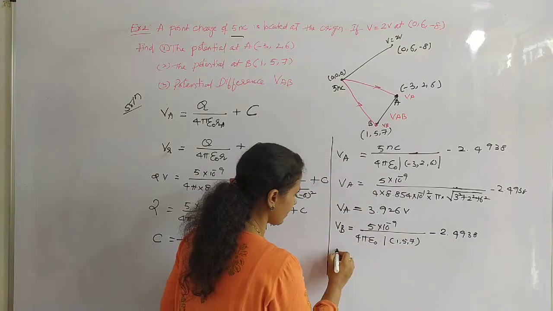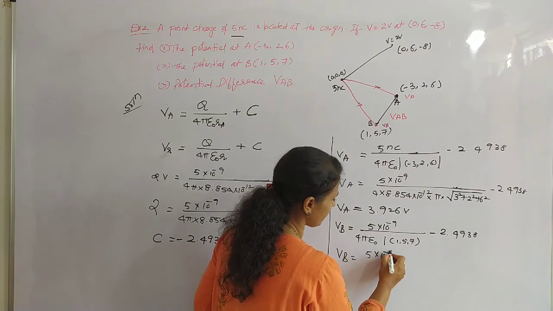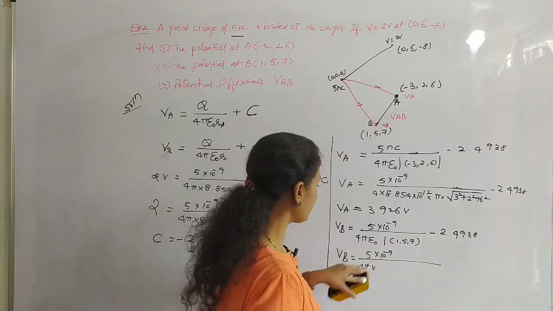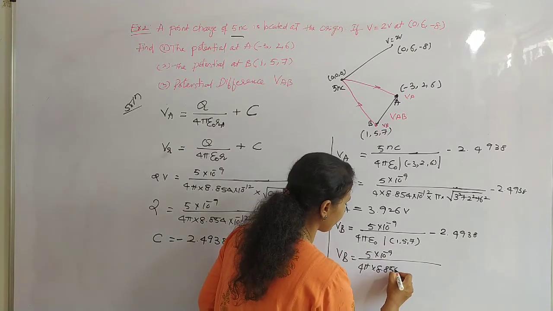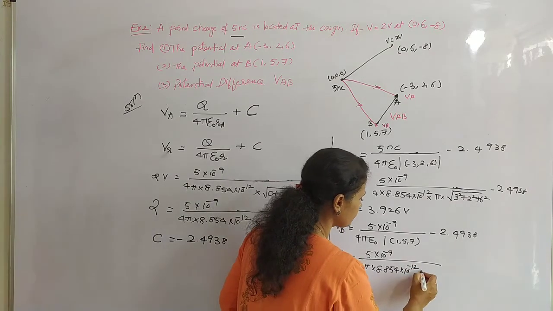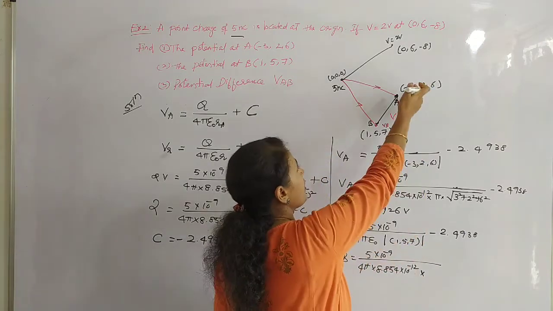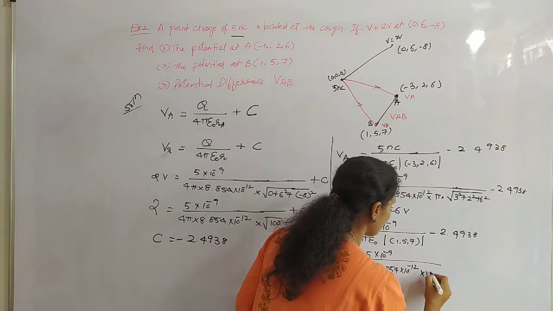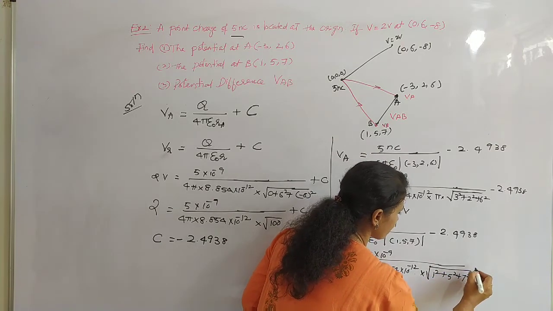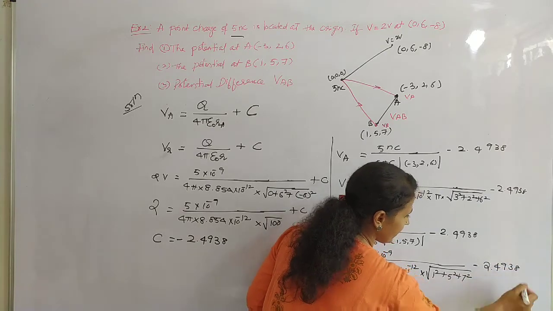So VB is 5 into 10 raised to minus 9 by 4 pi into 8.854 into 10 raised to minus 12, into the square root of 1 square plus 5 square plus 7 square, which is with respect to the origin, minus 2.4938.